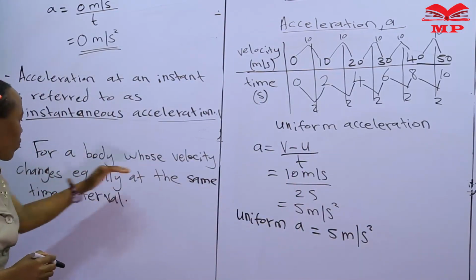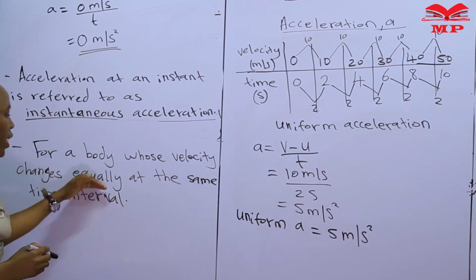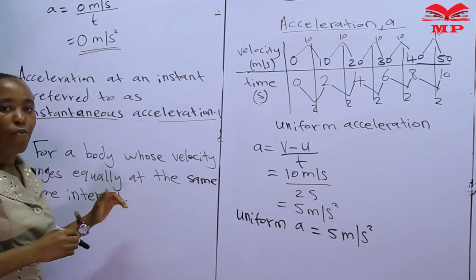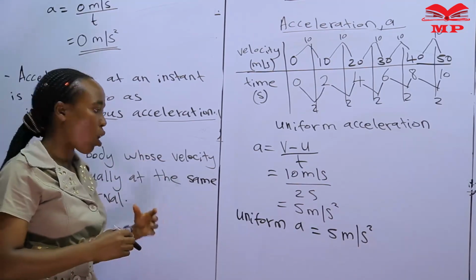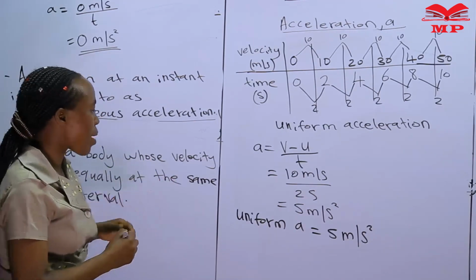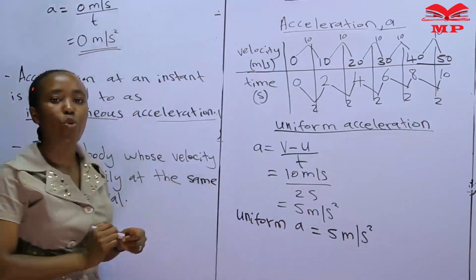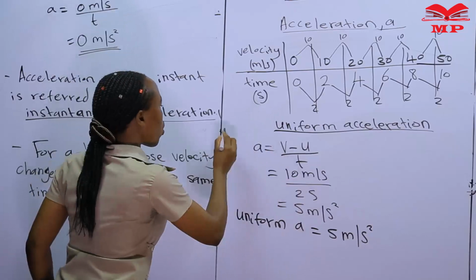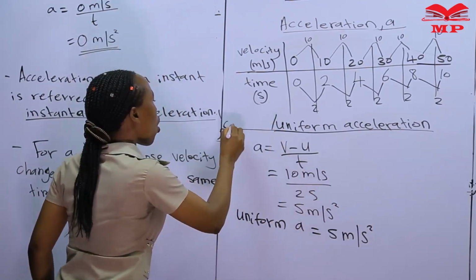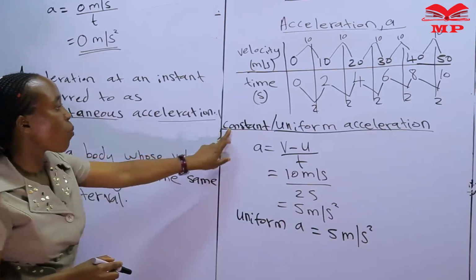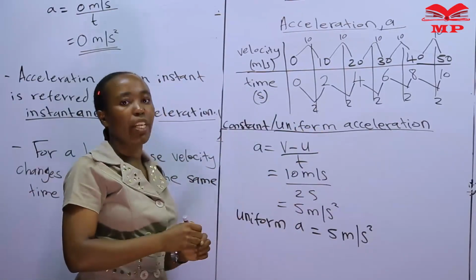For a body whose velocity changes equally at the same time interval, no matter how small or how big the interval may be, that acceleration is referred to as uniform or constant acceleration.